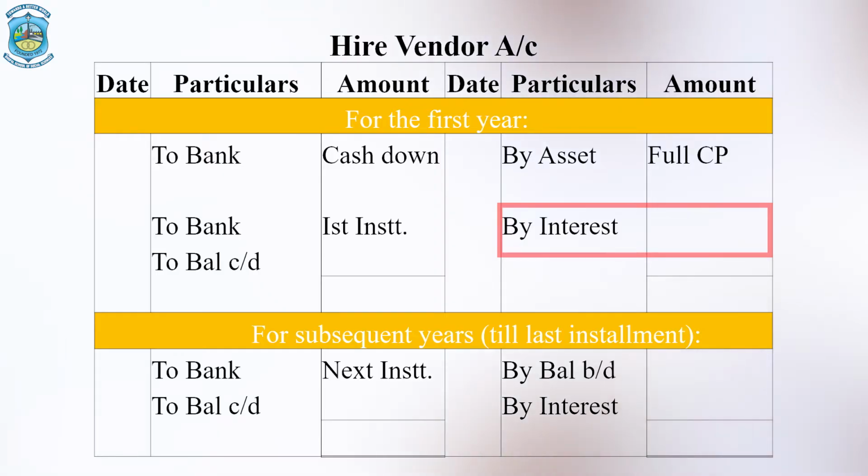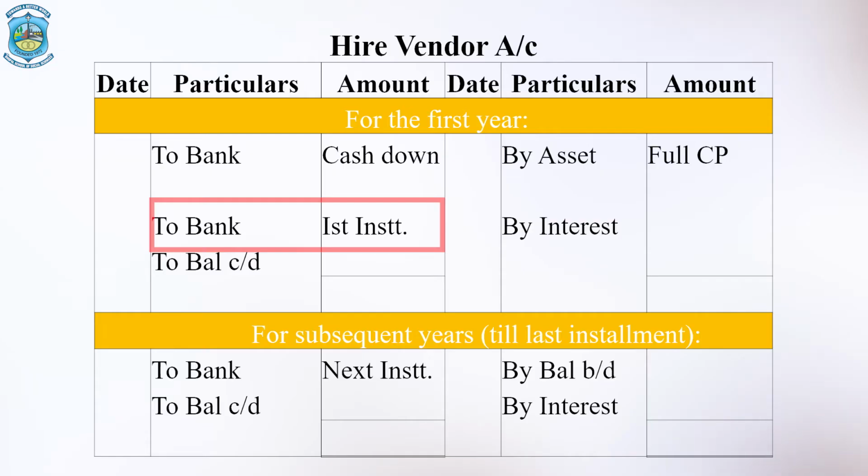So the entry to be passed for the installment becoming due is simply interest account debited to hire vendor. Therefore, the hire vendor's account will be credited as by interest with the amount of interest included in the first installment. Now, on the same day, the hire vendor would be paid the first installment, which will include the part of cash price and the interest, which will be recorded in the debit side as to bank.